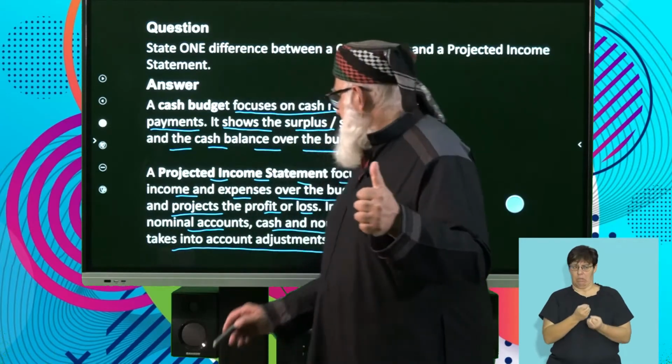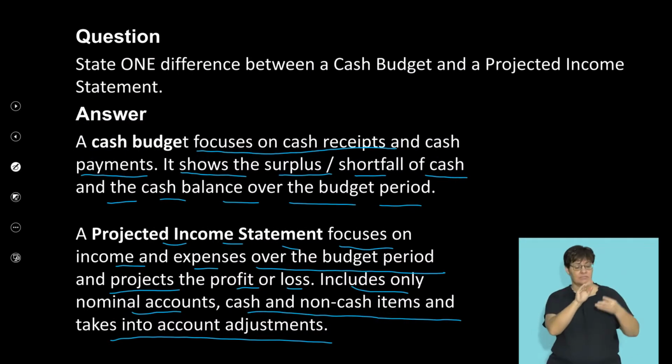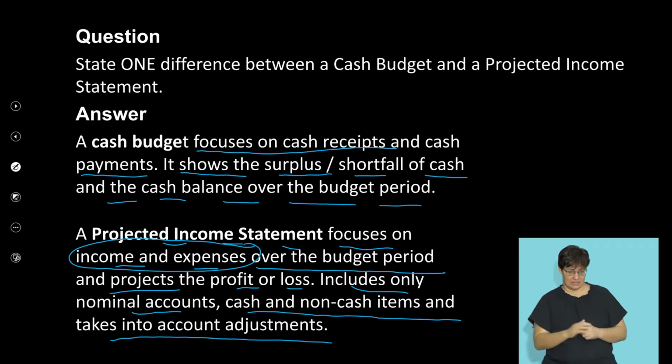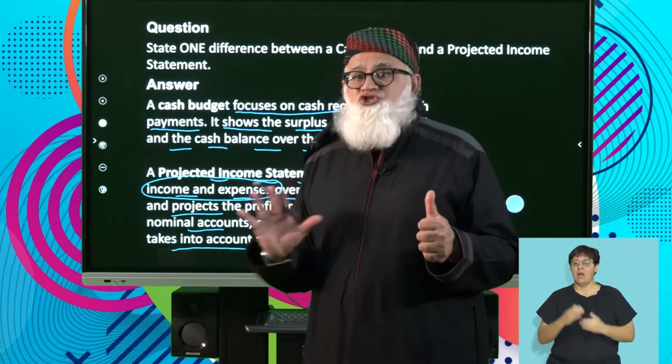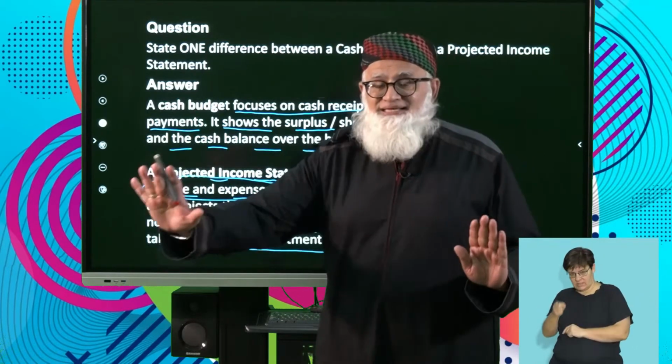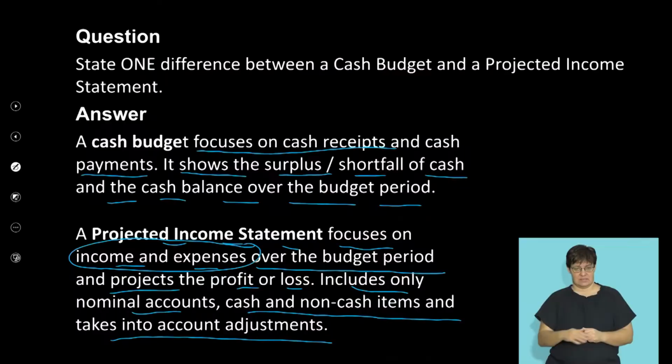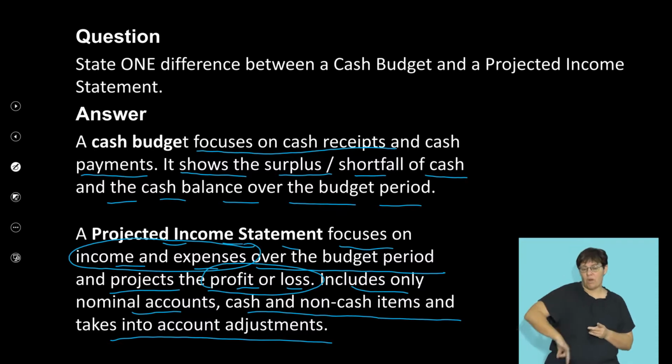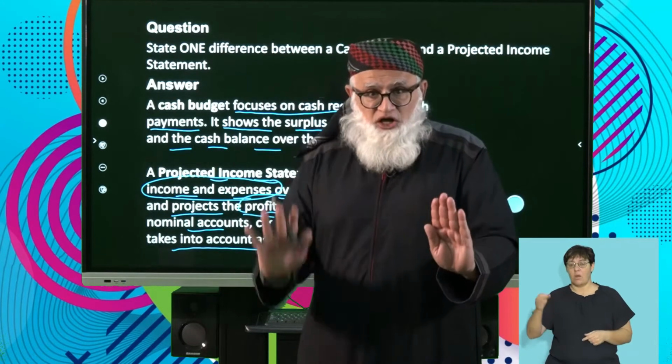Number 1. It looks at incomes and expenses. So the focus changes to incomes and expenses. Number 2. It looks at the profit or the loss. Can you see? Totally different to your cash budget. It looks at profits and losses.